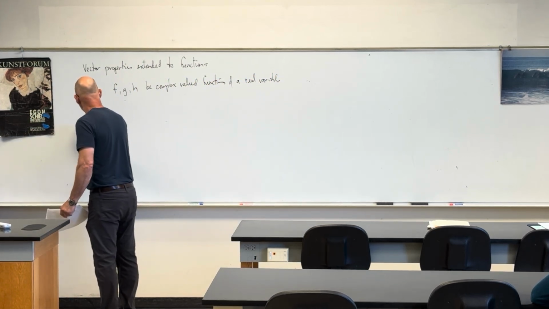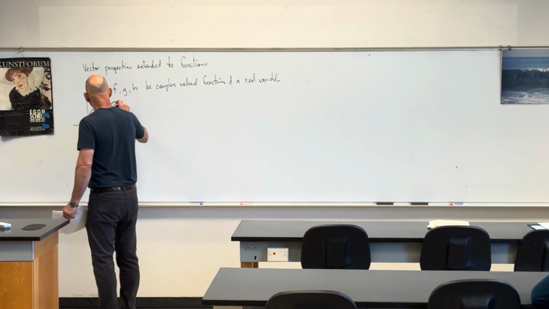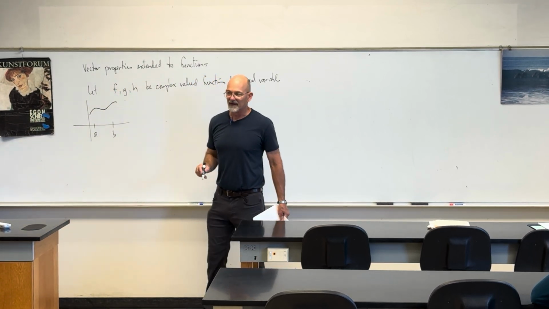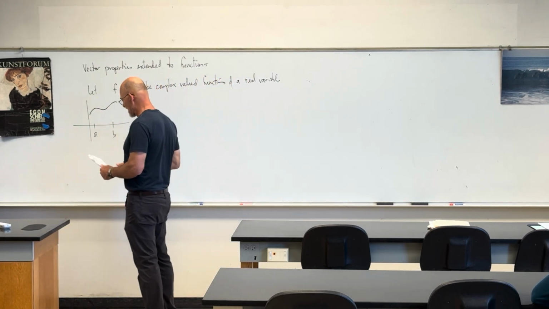And they're functions of a real variable, but this would only be one part of it. Right? You could have a real and an imaginary part. But that's the idea, a real variable x.